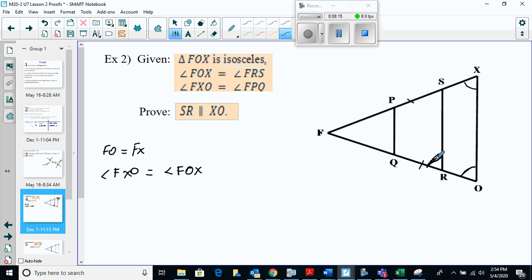Whatever is equal, I will make it in one color. Now the angle F is the same, it doesn't change. What we are trying to prove here is that SR is parallel to XO.